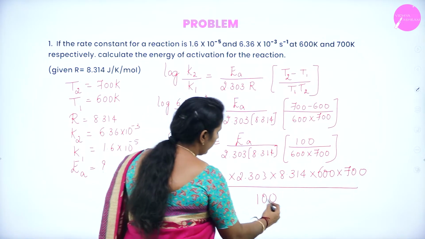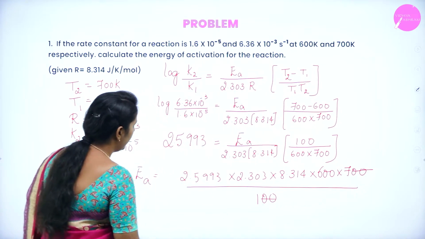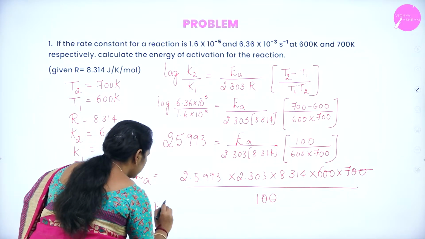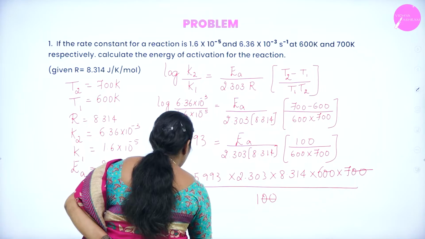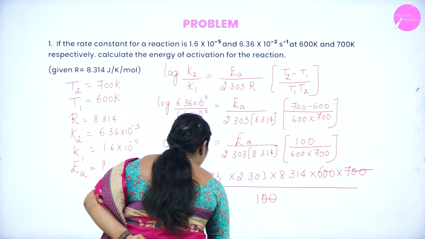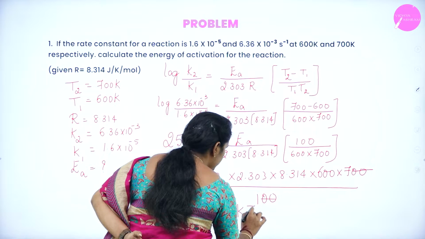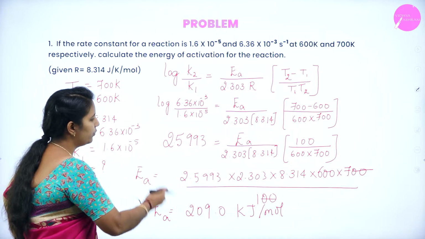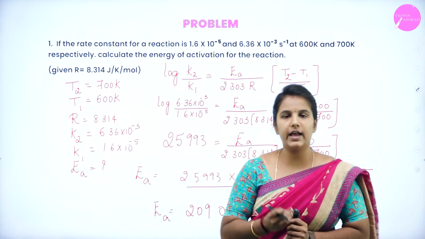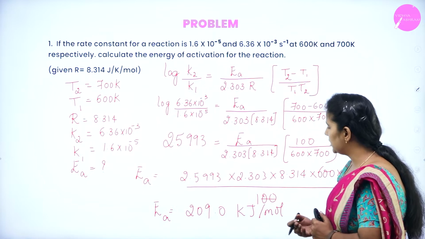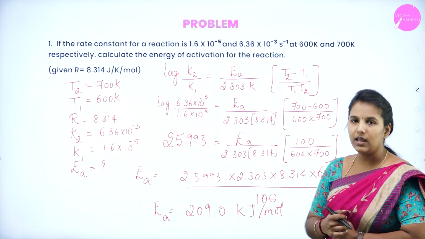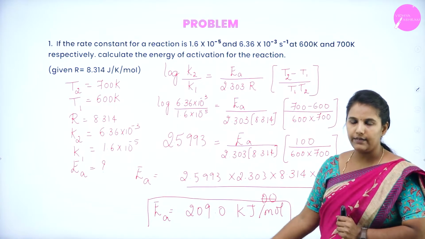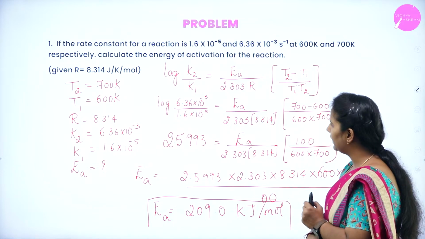You can cancel the double zero here and there, and if you do the multiplication, you will get Ea is equal to 209.0 kilojoules per mole. This is how we need to substitute the entire given data into the Arrhenius equation, and finally we obtain the Ea value. This is the energy of activation. Hope you all understood this calculation now.